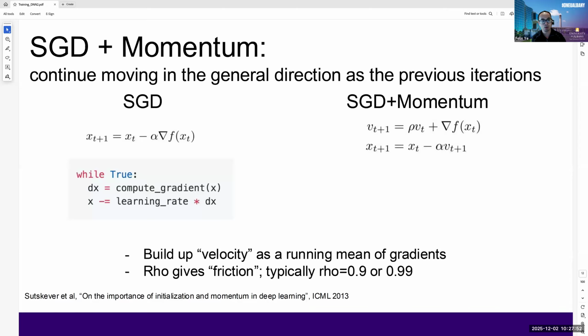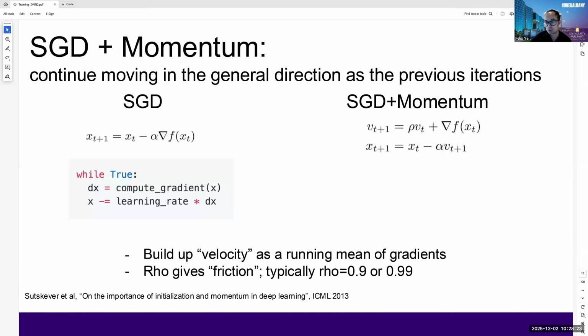That means we continue moving in the general direction of the previous iteration. So it carries not only the position, we also have the velocity carried over. We are going to build up the velocity as the running mean of the gradient. We keep track of the previous gradients, and this will be very important information to help us overcome those saddle points and other local minimums.